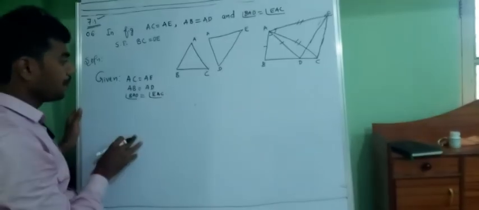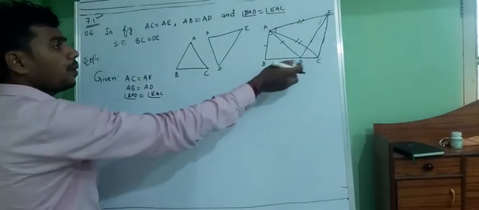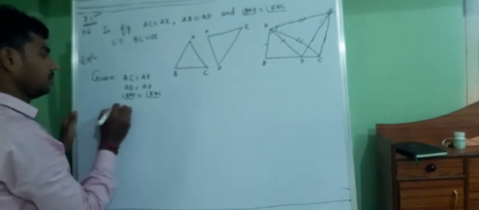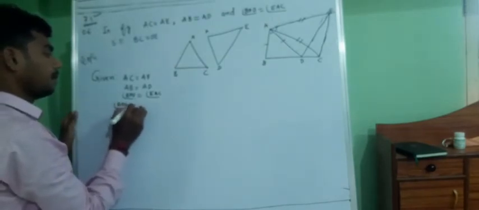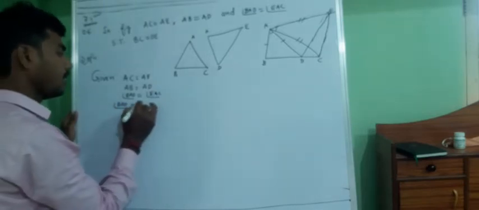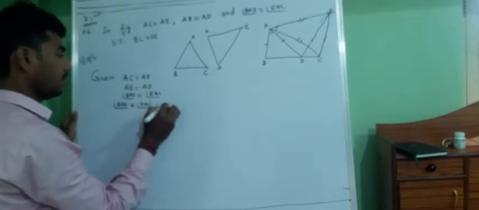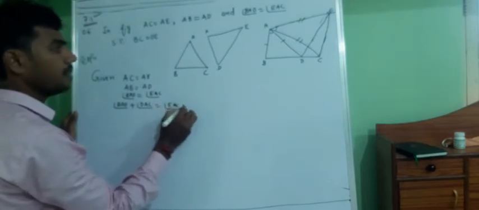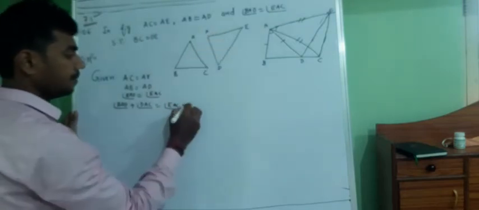Fine. See, what I am going to do is add DAC on both sides. So BAD plus DAC, I'll tell you why I have taken that, equals EAC plus DAC.